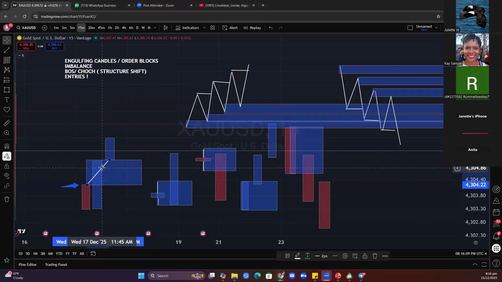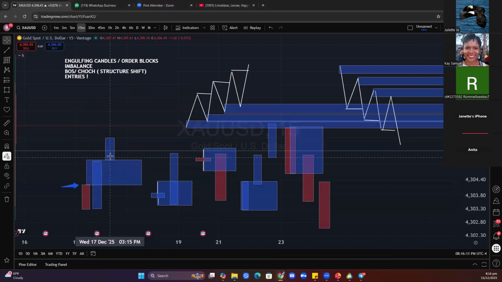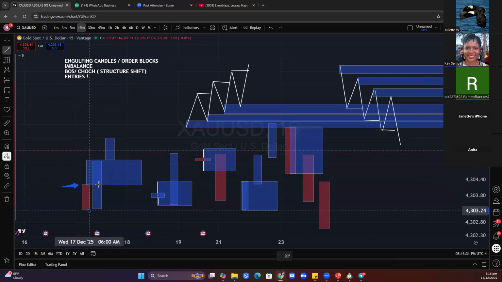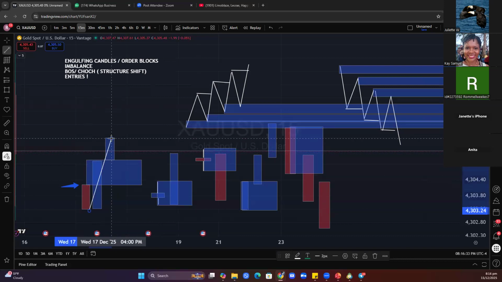Because in that area there were just buyers, right? There were no sellers. Remember I said the market has to trade balanced. That is why we get things like pullbacks.